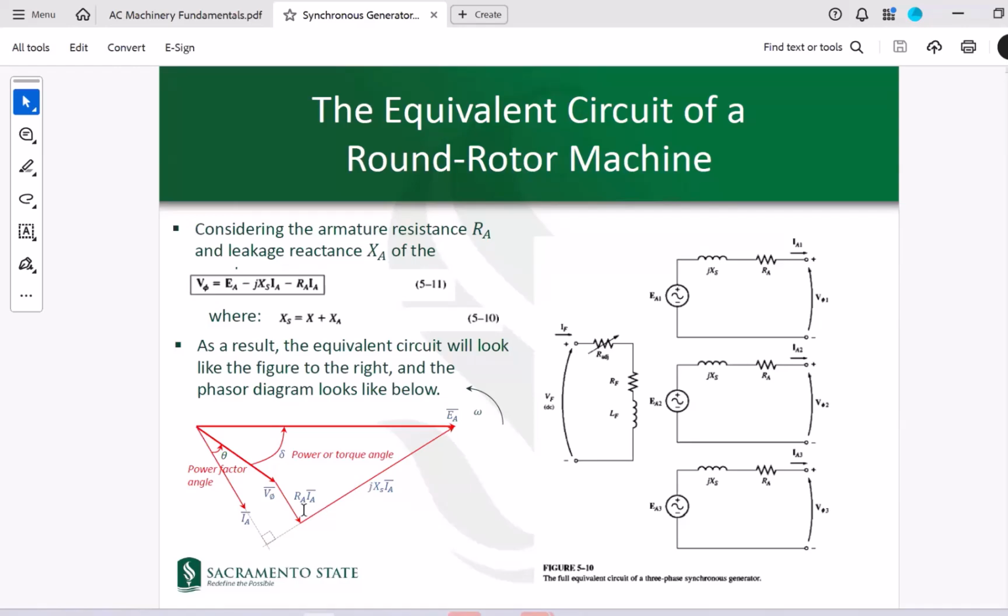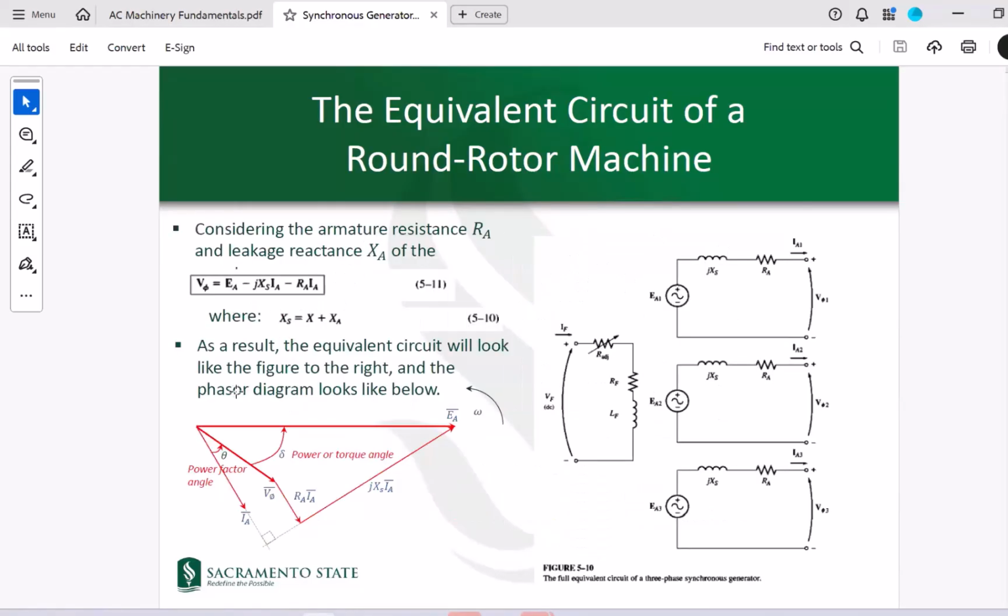That's why the angle between RAIA and JXSIA is 90 degrees. These two together determine the total voltage drop in your armature, which determines the difference between V phi and EA, the terminal voltage and the armature voltage. So that's how you can explain the equivalent circuit of the machine and its phasor or vector diagram.